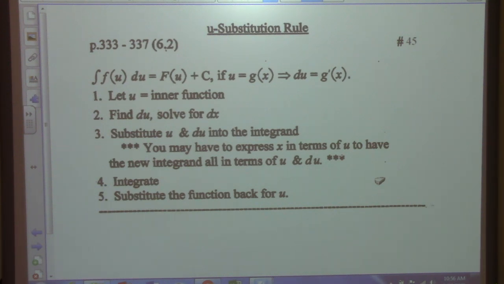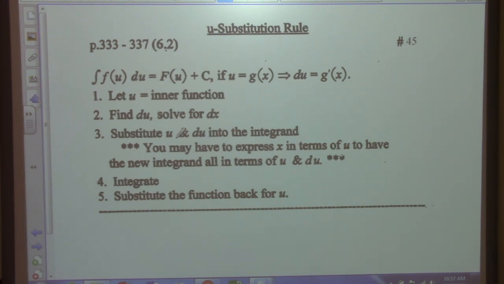It gives you a list of things to consider, and as usual, it's really best understood when you look at an actual problem. So let's talk about it briefly. It's kind of hard to explain, so we'll go ahead and do this.